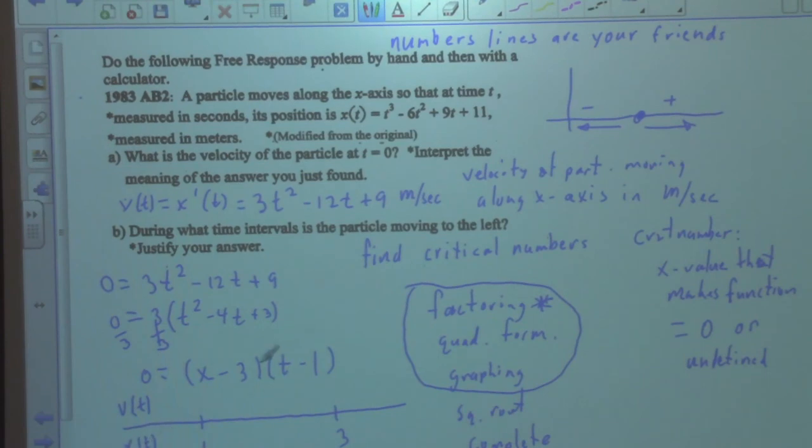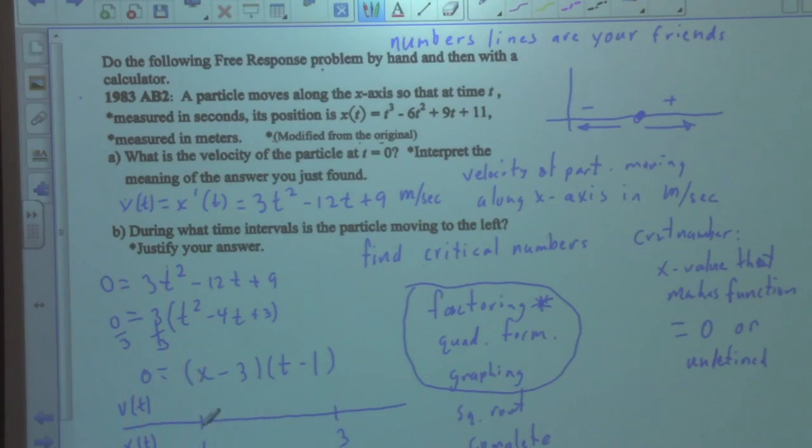Then you choose numbers on different sides in these intervals. The first one to the left, what's a number less than 1? 0. That's the easiest one. Plug in 0. What do you get? Negative 3 times negative 1, or positive.